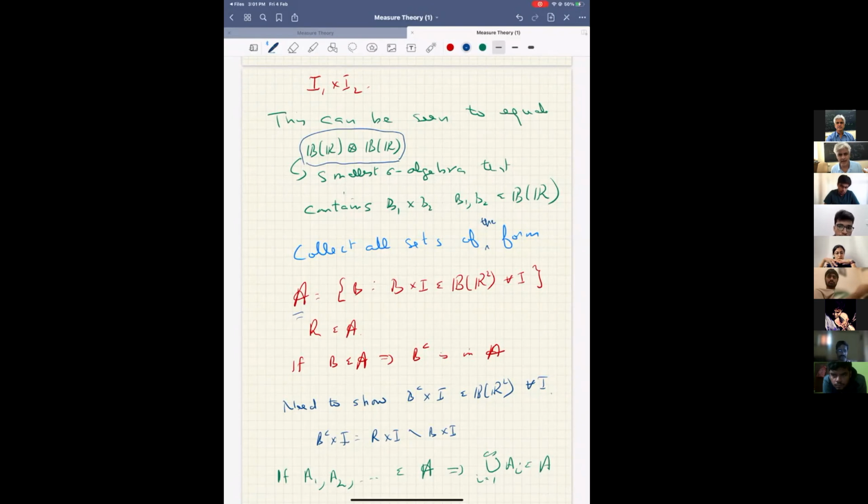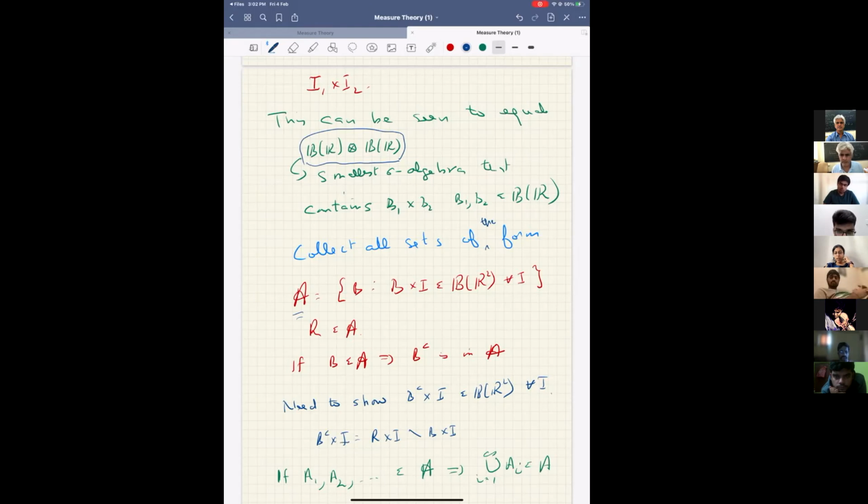The point is, clearly this calligraphic A contains all the intervals, because intervals cross intervals are in B(R) square. That's how we got this. And it contains the overall real line, the real line is also an interval. So we're going to argue that this calligraphic A is actually the Borel sigma algebra.